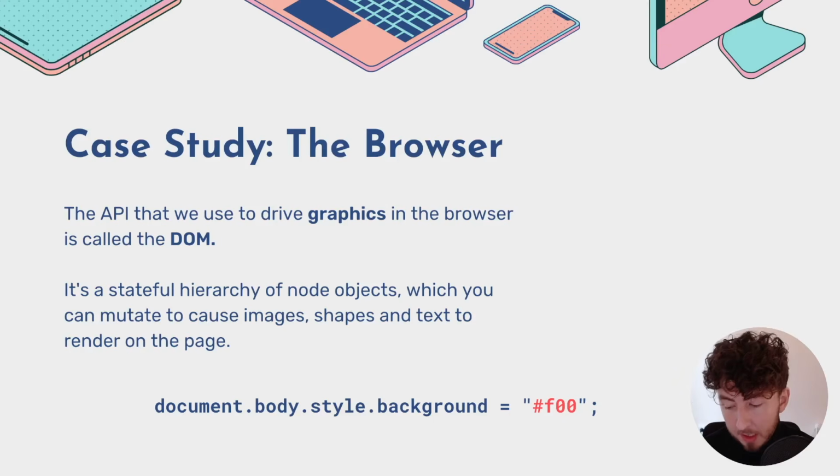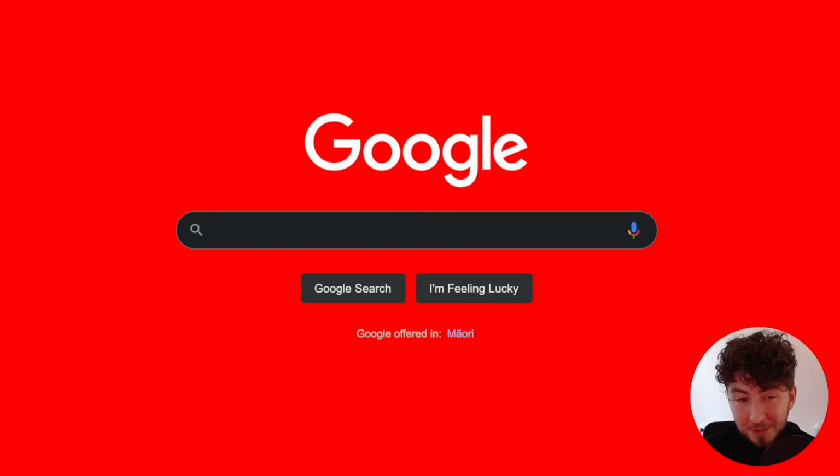And I think one of the reasons that the browser has been so incredibly successful as a programming model is because it's so accessible, right? As a brand new developer who's never done any programming before, it's quite a thrill to be able to go to google.com and type document.body.style.background, just mutate the body background and set the color to red and watch Google turn red.